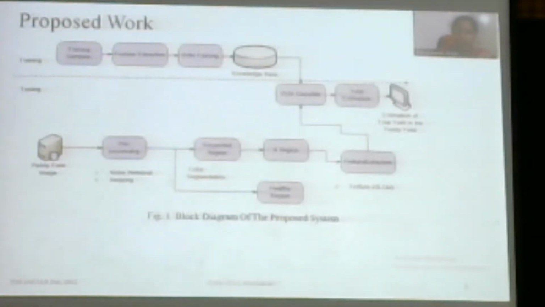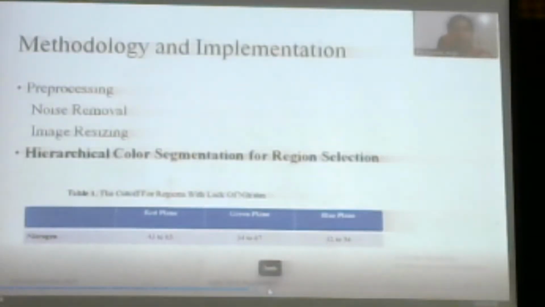In the color segmentation, we are using the nitrogen threshold value. If the values fall in a green plane of 34 to 67 and in a blue plane of 52 to 54, then that area is considered a nitrogen deficient region.